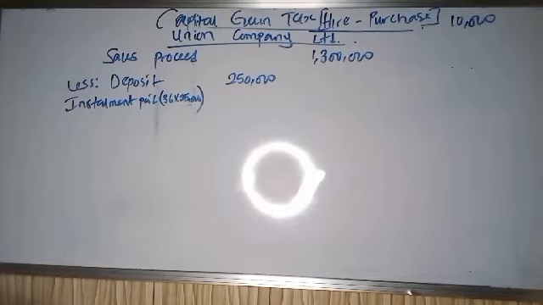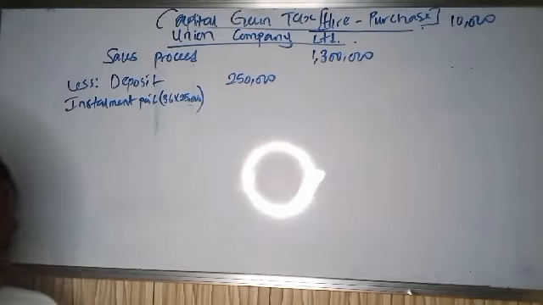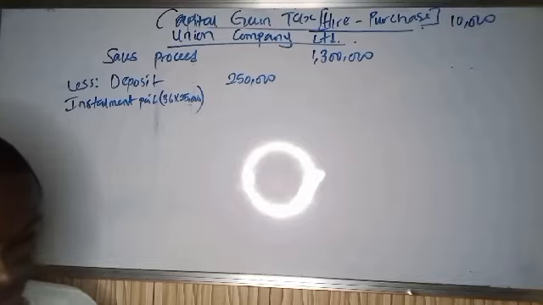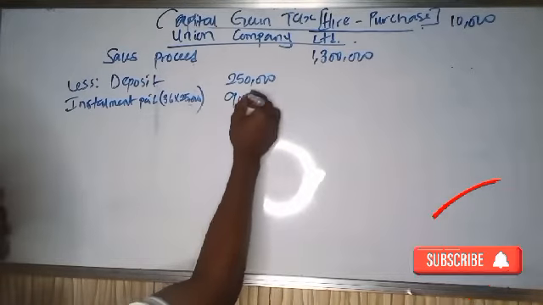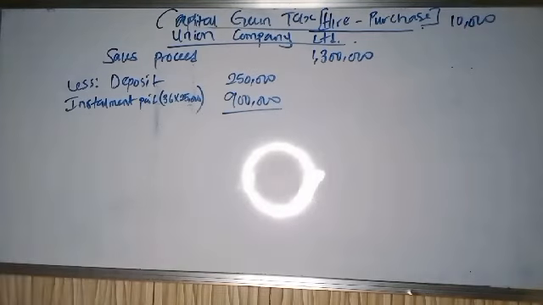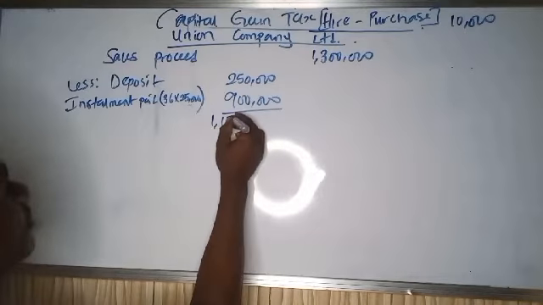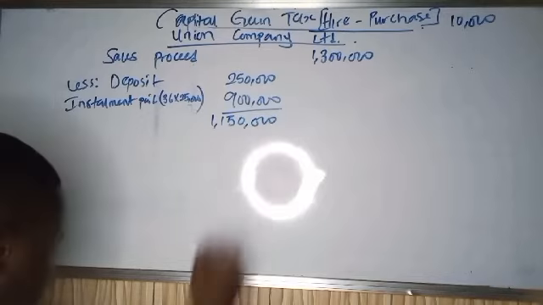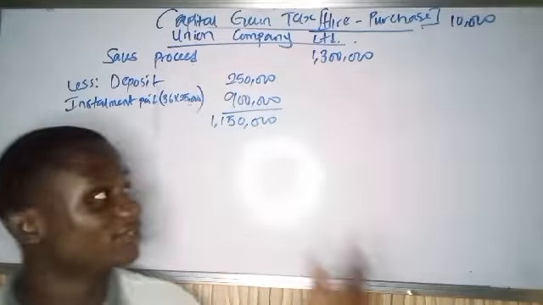So if I take my calculator and say 36 times 25,000, that will give me 900,000. So by my calculator, 900,000 plus the deposit of 250,000 is 1,150,000. This is the amount this man paid.